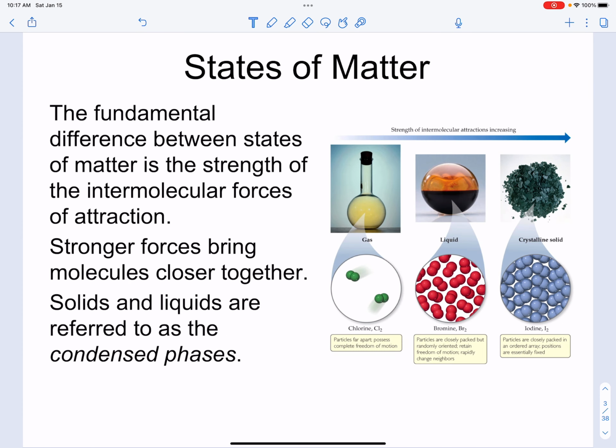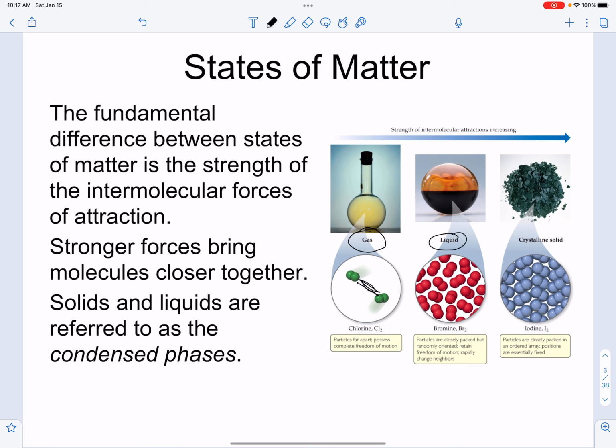So let's talk briefly about the states of matter, and how we visualize this from the particle point of view, or the particulate theory. The main thing I want you to visualize is that in gases, the particles are very separate from each other.